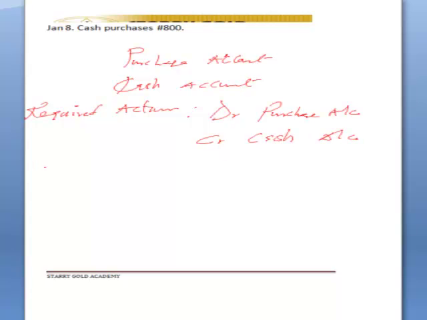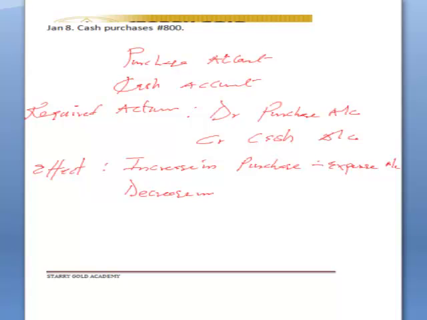So the effect is an increase in purchases, which is an expense account, then a decrease in cash, which is an asset. So as you can see, it's an asset.